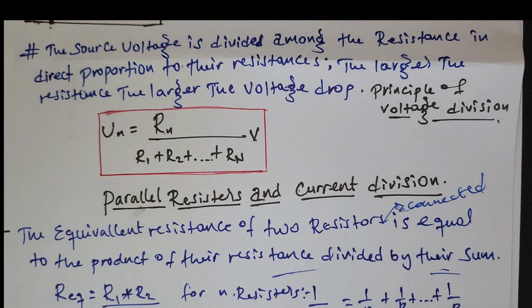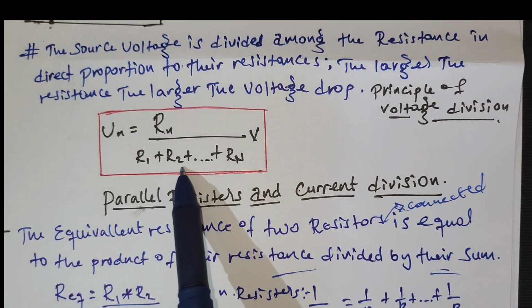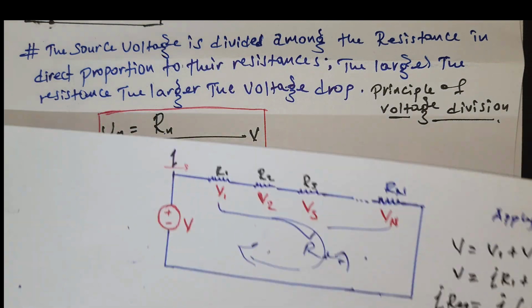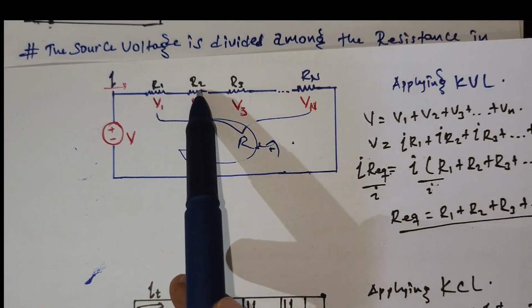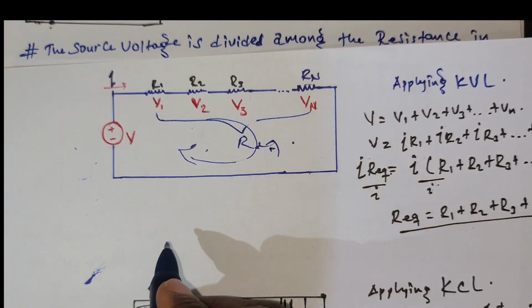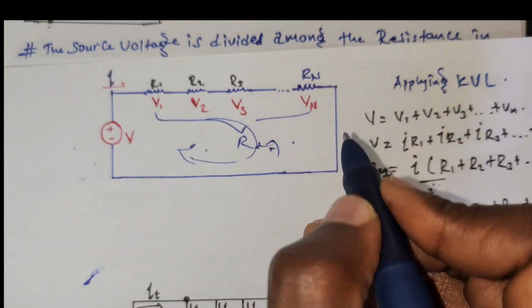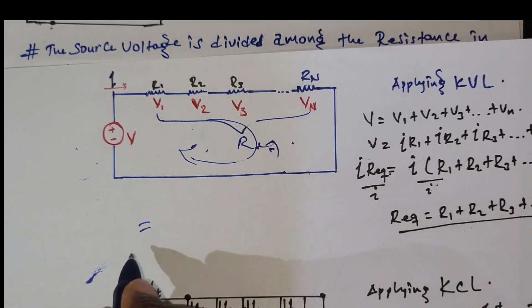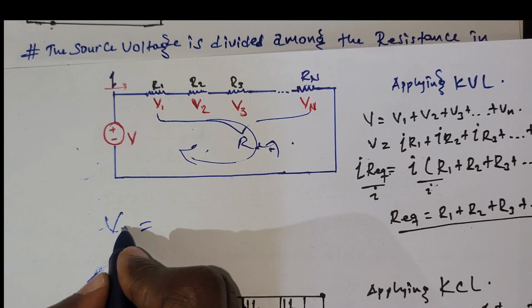If you have n resistors like this, the voltage drop across the nth element is calculated by Vn.